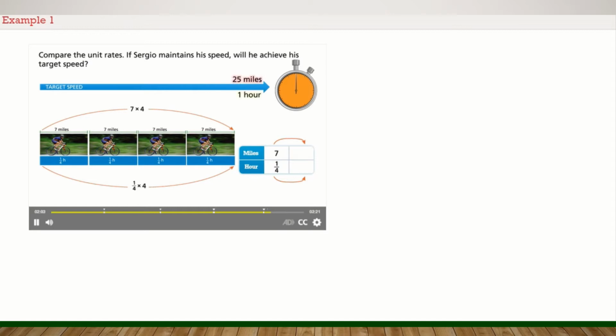His target speed is 25 miles per hour. At a rate of 7 miles every quarter of an hour, he'll travel 28 miles in 1 hour, or 28 miles per hour. His cycling speed is more than his target speed. Way to go, Sergio!